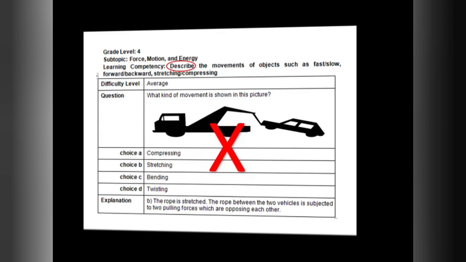The learning competency states that learners should be able to describe the movements of objects such as fast, slow, forward, backward, stretching, and compressive, while the options here really describe the movement of objects. The process carried out by the learner in answering this question is not really the process of describing, but rather of choosing the answer.